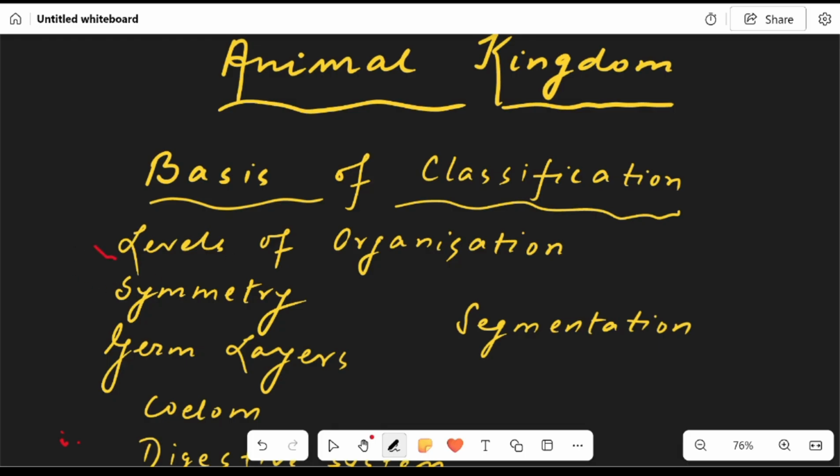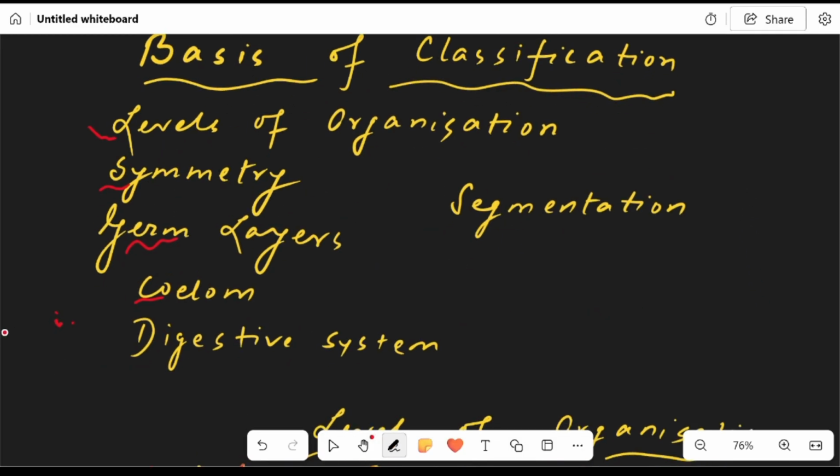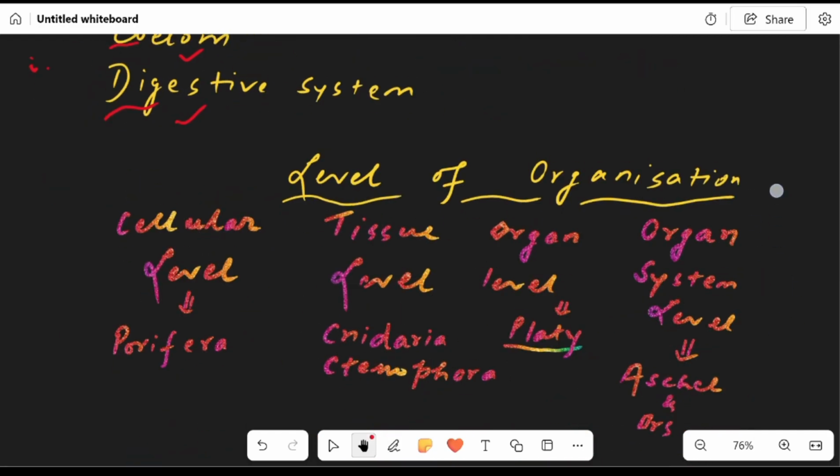At first it's levels of organization, then symmetry, after that germ layers, then coelom, then the digestive system, and finally segmentation. Let's study them one by one.